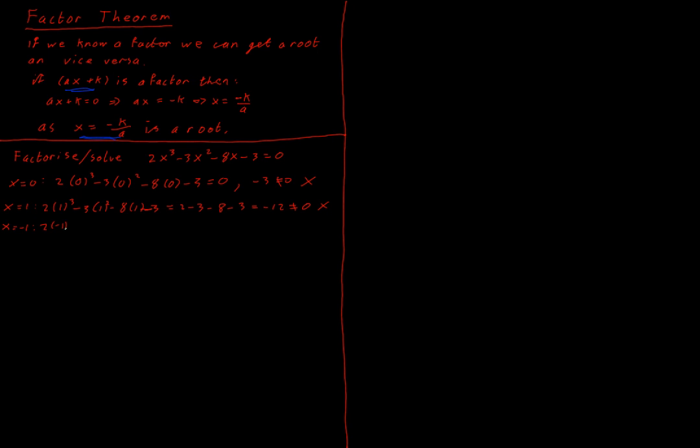So we sub in x is minus 1 and see if this is a root. If it's a root, it will make our cubic equal 0. So we sub in and we get minus 2, minus 3, plus 8, minus 3, is equal to minus 5 minus 3 is minus 8.